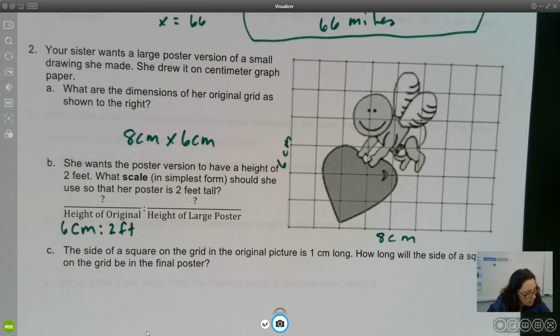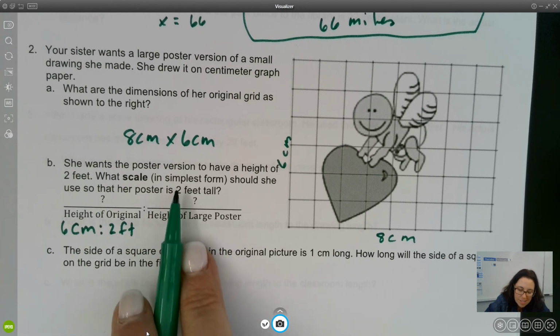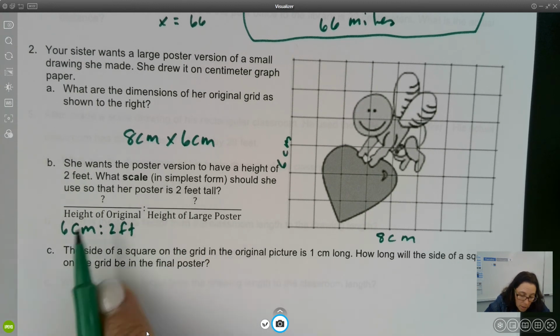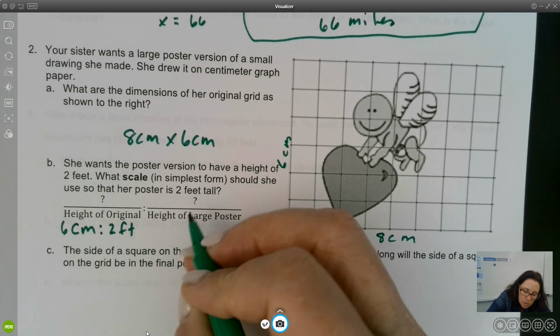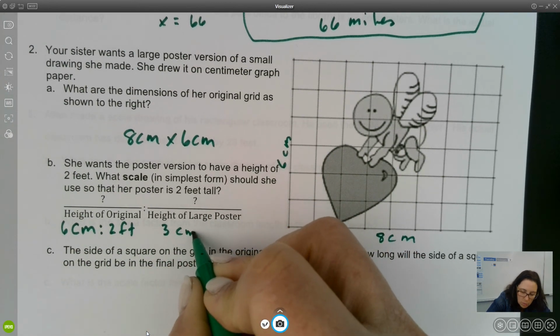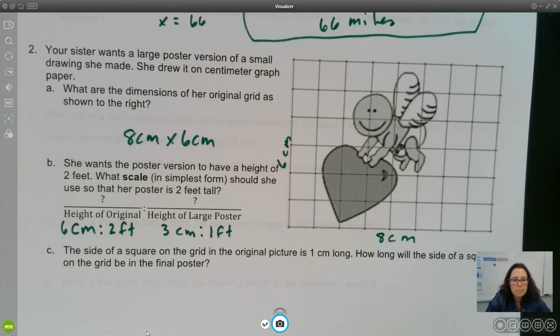Okay, and then the height of the large poster in simplest form. Okay, I'm going to pull a 2 out of these two. So 3 centimeters will go with 1 foot. Okay, so that's the scale. This is the scale in simplest form.